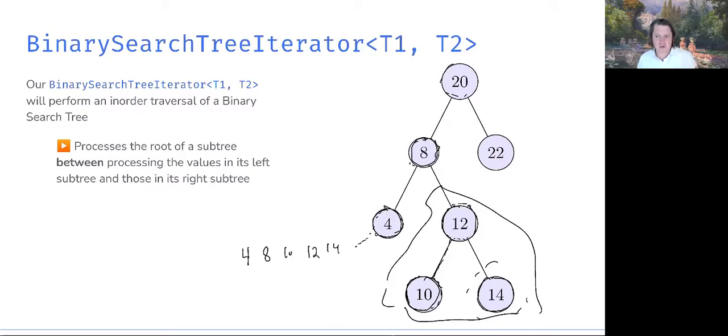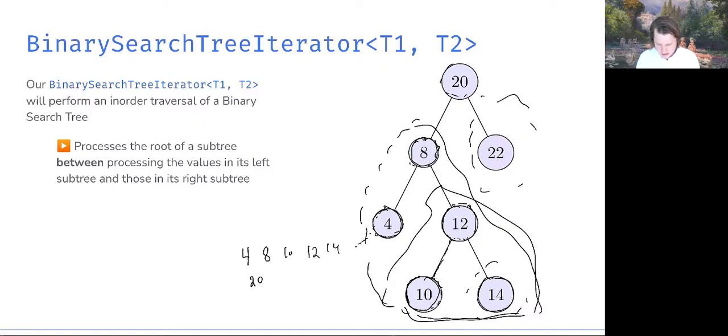So we visited 4, 8, 10, 12, 14, which comprises the whole left subtree of our root where this traversal started. So we can finally visit the root's data before we begin into the root's right subtree. So after that, we realize 22 is a leaf. Alrighty, go ahead and put its value out.